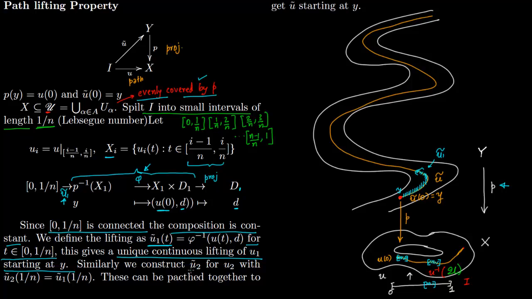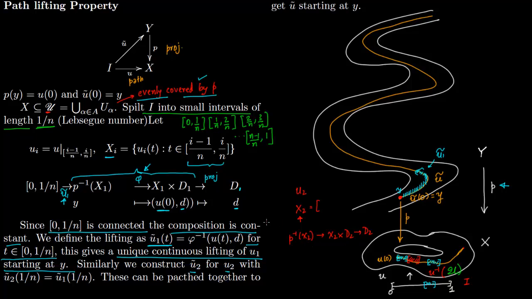Now similarly you can construct u2 tilde for u2. So now you have, say, u of 2. Again for u of 2, you have the corresponding x2, which is nothing but this small part of the path u of 2. Now you will say this is evenly covered. Since this is evenly covered, you have the map p inverse of x2 to x2 times d2, to some d2.